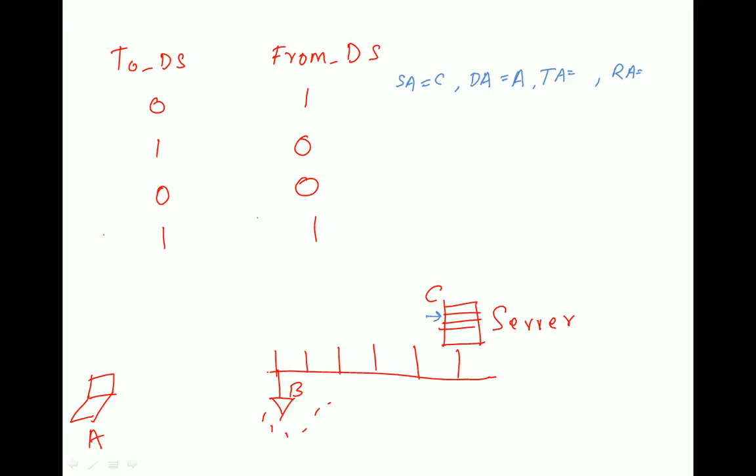So in our case, since this frame is going from the access point over to the client A, the transmitter address is going to be the access point's BSS ID.